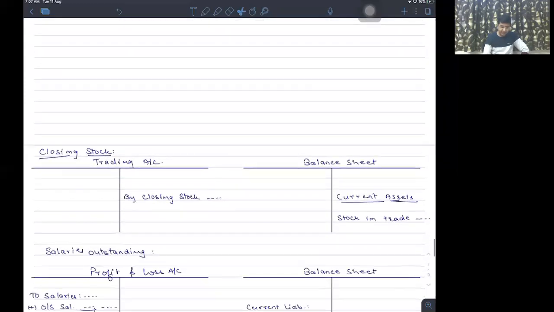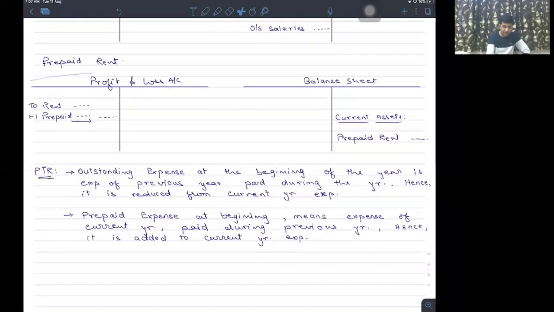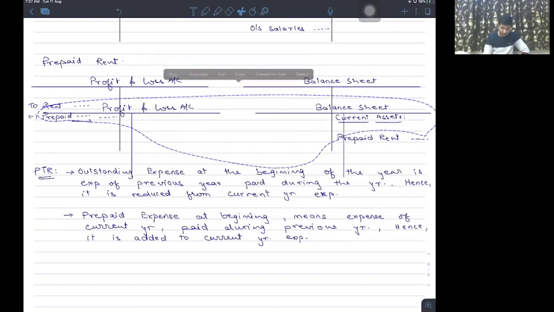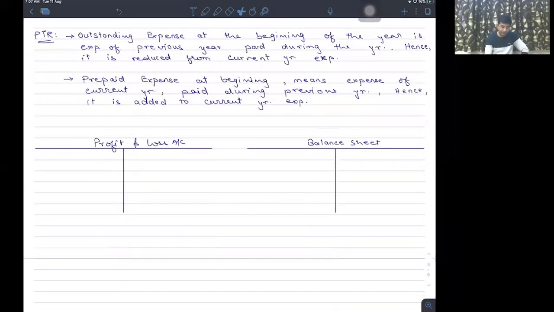Let's say the situation is of interest receivable. The example on that, interest receivable.